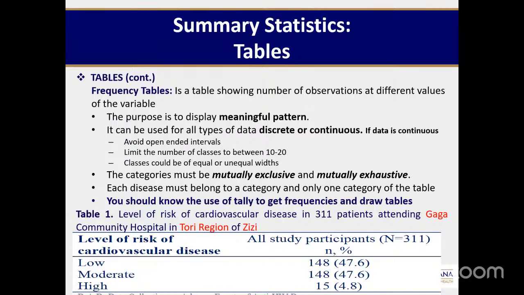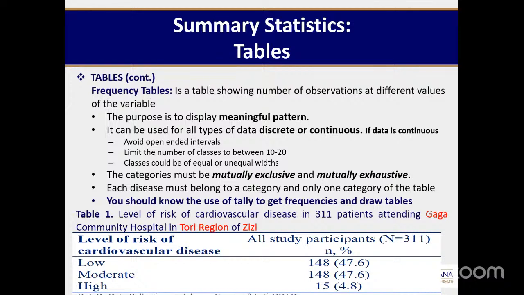So, for example, if you are looking at age and you decide to categorize age, maybe babies, into 1 day to 28 days, the next category should not start from 28 days to 60 days. Meaning that a baby who is 28 days, where will it fit in?